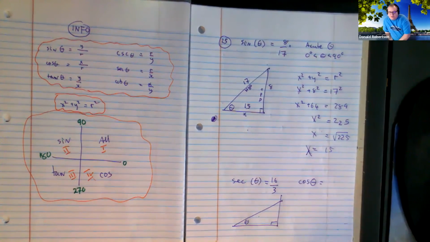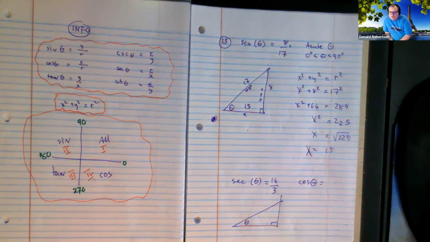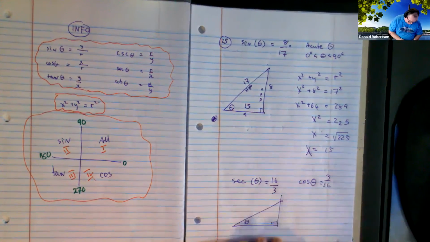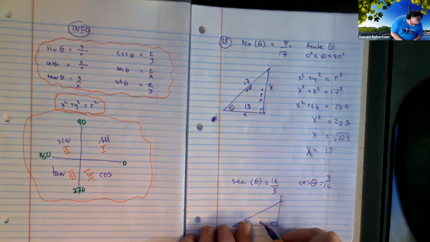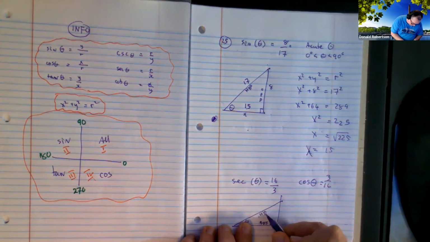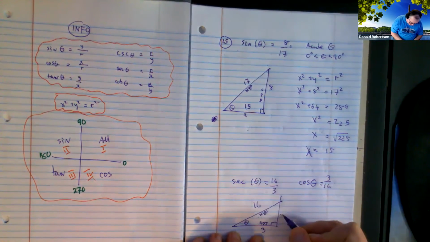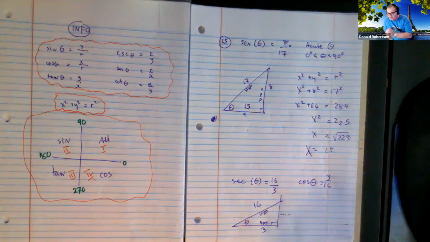What is the cosine of theta if the secant is 16/3? 3/16. You just turn them upside down. Now, for a cosine, isn't it adjacent over hypotenuse? In which case, 3/16. And then can't you get that guy by Pythagoras and then write down your ratios?